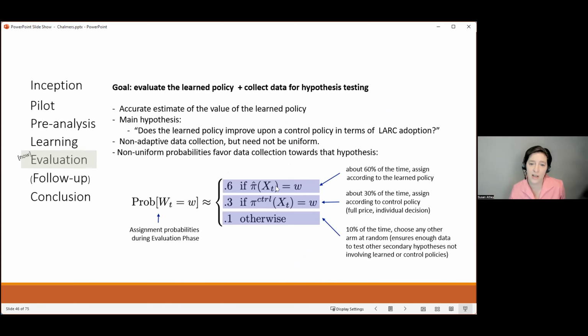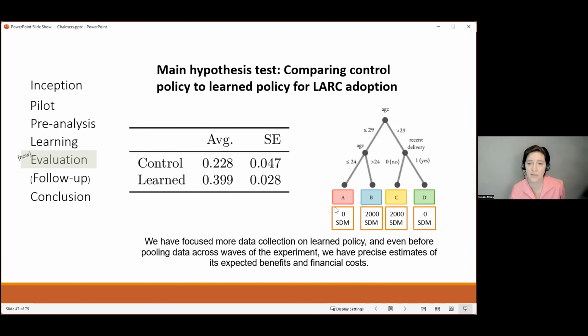Then in the final evaluation phase, we put 60% of the people into our estimated best treatment, 30% into a pure control group, and 10% otherwise, so we can test some alternative hypotheses. I'm running short on time, so let me just focus on the final results where we compared the learned targeted treatment assignment policy to the control.